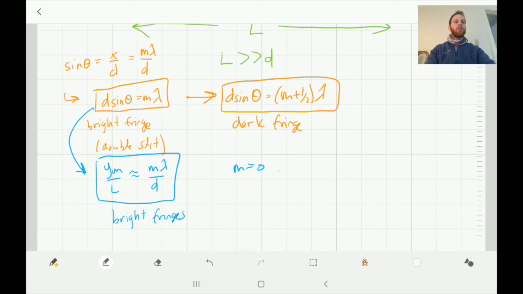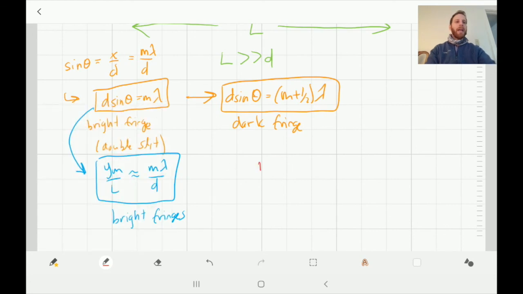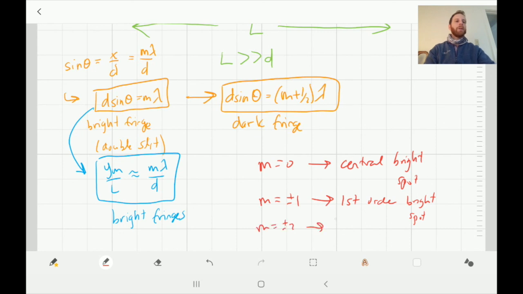So m equals 0 corresponds to the central bright spot or bright fringe. M equals 1 or minus 1 is the so-called first order bright spot. M equals plus or minus 2 would be the second order, etc.